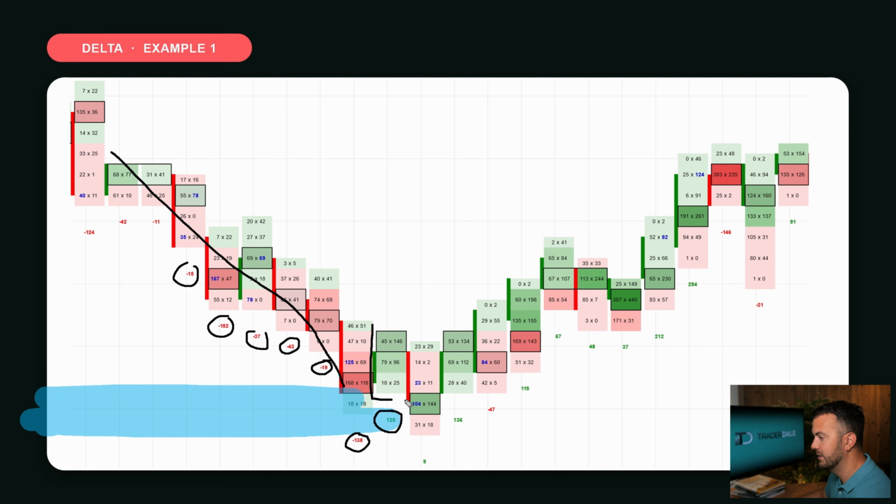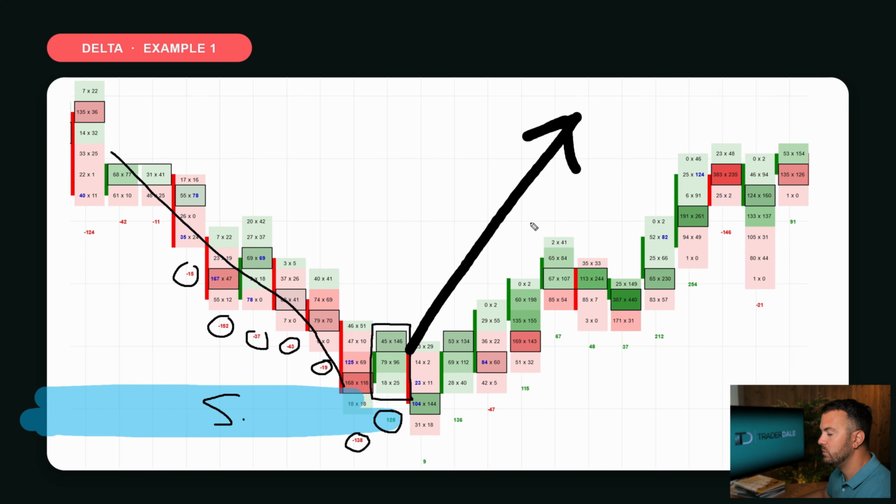In this footprint, delta is positive. That means buyers are jumping in, right? They see this support, they want to trade this, and they start to jump in. That's when you pull the trigger, that's when you go long, right? And that's the confirmation.